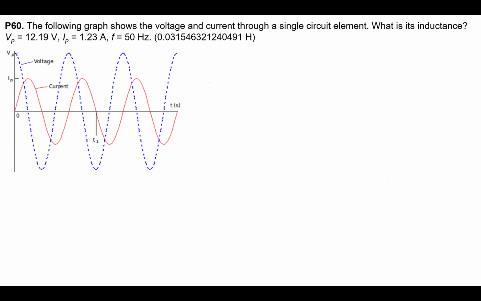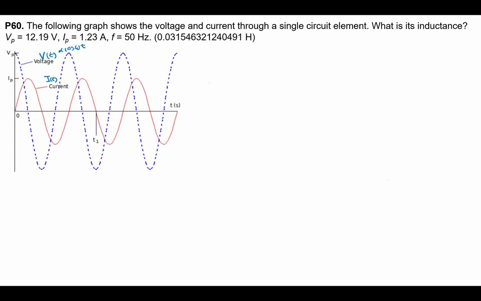Okay, and now let's think about the voltage and the current. Note that the voltage V(t) and I(t) are given. It is a sinusoidal function. Note that V(t) is proportional to cosine omega t.